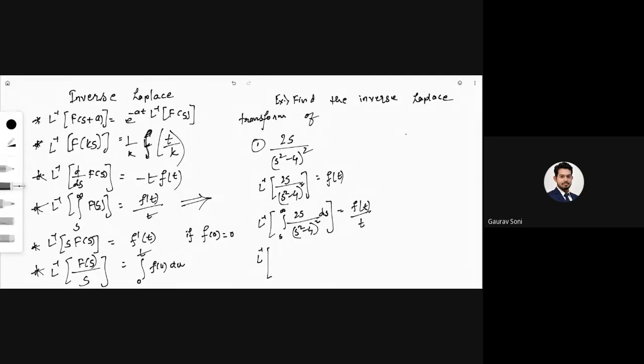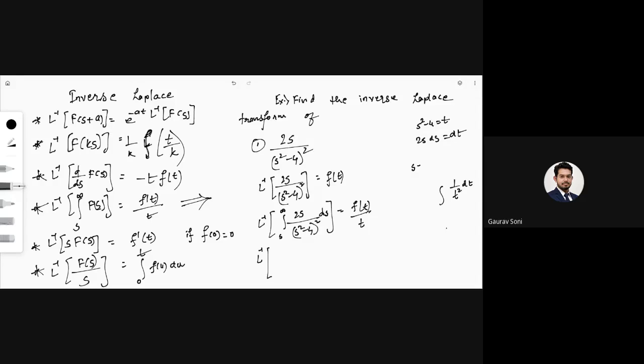So s square minus 4 is equal to t, then 2s ds will become dt. What about the limits? If s is there, then t will become s square minus 4, and later at infinity things will become infinity. So what is the integration of 1 upon t square dt?